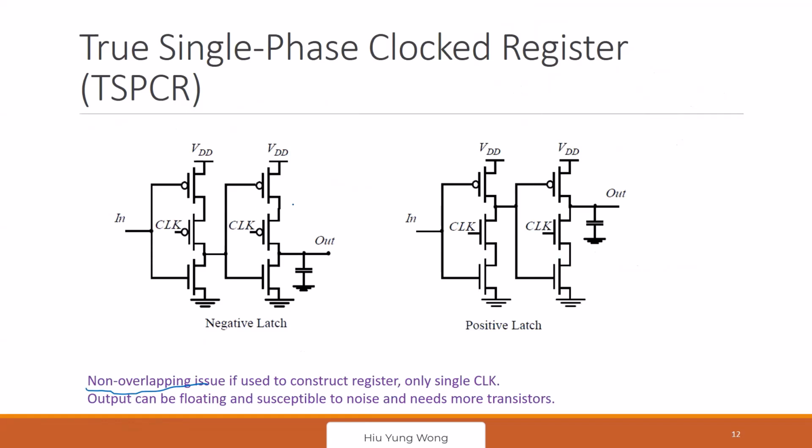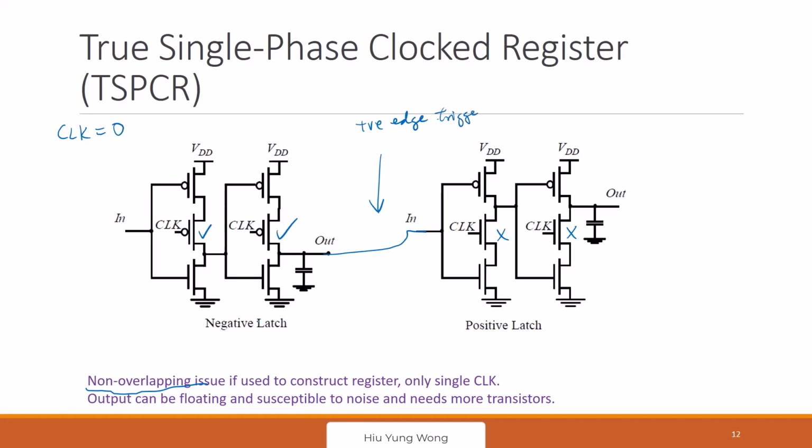Okay, so for example, when clock equals 0, this is on, this is on, this is off, this is off, right? If we put them together, it becomes, when we connect, right? So that becomes a positive edge trigger register, right?